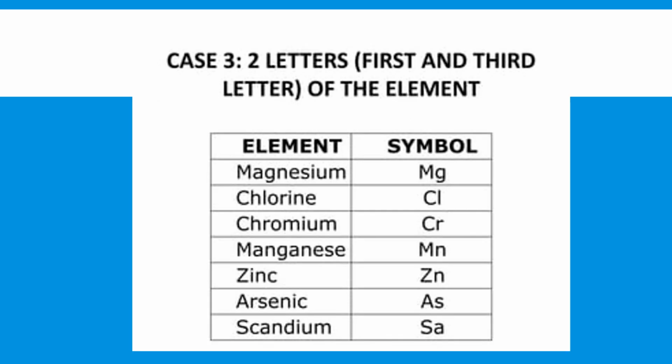Third case we can see, for some elements, the first and third letter of their name is used as their symbol. For example, magnesium, instead of Ma, the symbol is Mg. Chlorine is Cl, chromium Cr, manganese Mn, and so on.